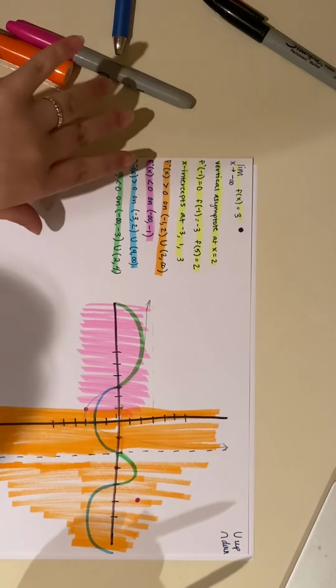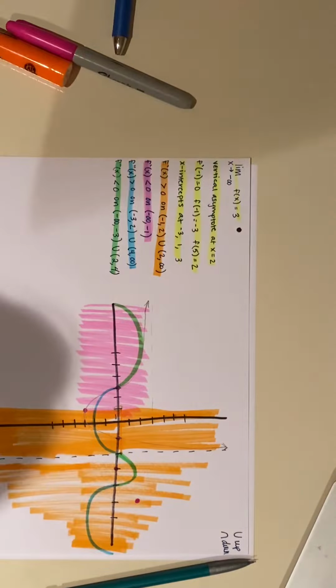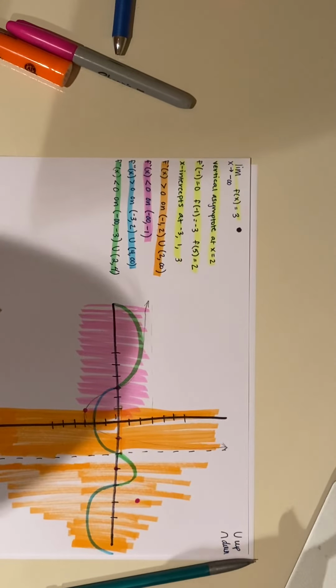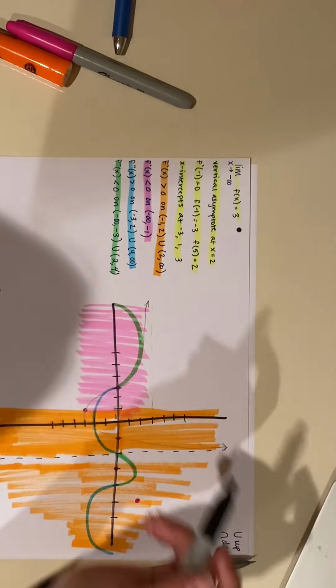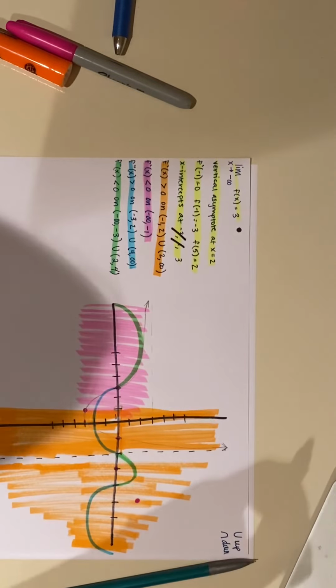So what I need to look at now is what's going on on the other side of the graph. And this is a little extra, and you don't have to do this, but I do want to go ahead and cross off what I've already done.